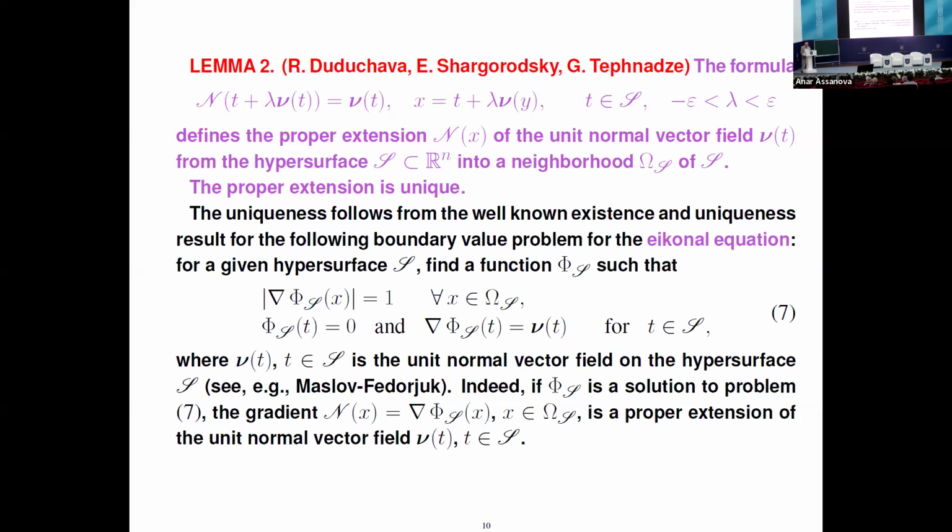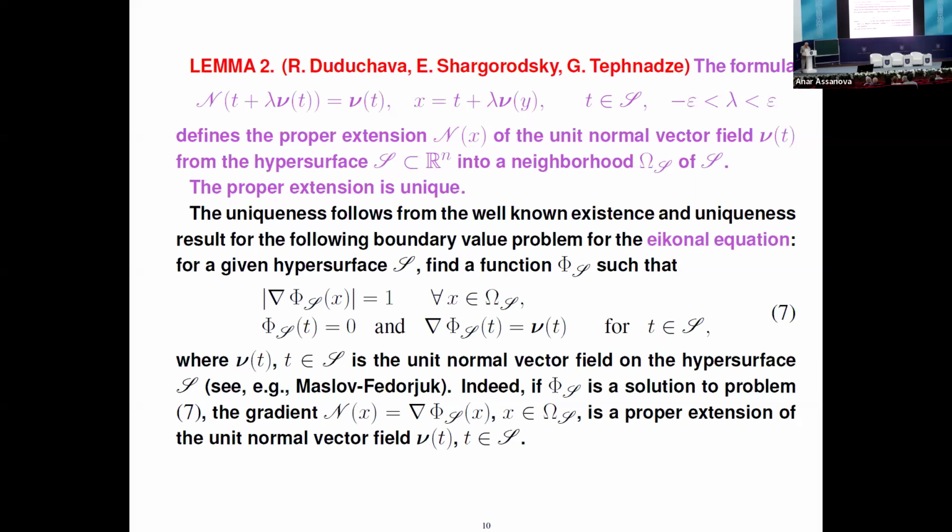And how was it proved? It was quite easy since we had a very important theorem about eikonal equations. Eikonal equations were considered by many authors, but Maslov and Fedoryuk, Soviet mathematicians, proved that the solution to this boundary value problem 7 is unique. What problem is this?